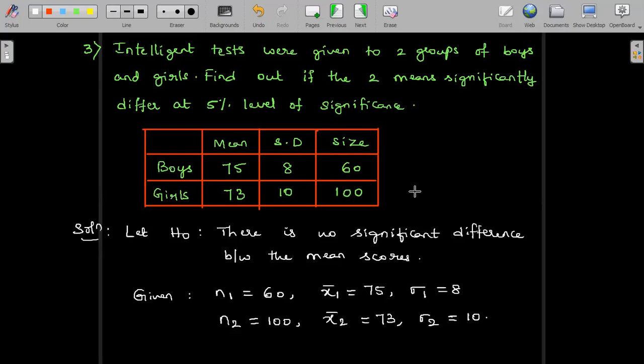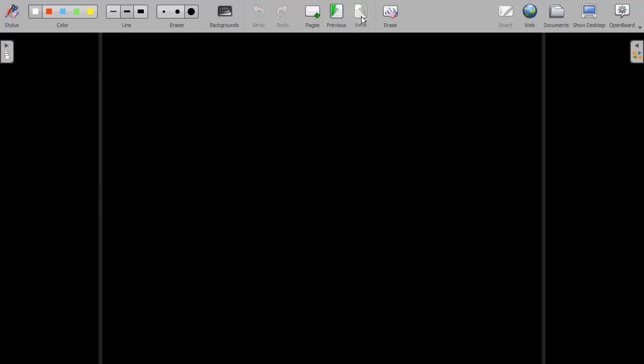With this data, now we will find out the Z value. Z is given by X1 bar minus X2 bar, the whole divided by the square root of sigma 1 square divided by N1 plus sigma 2 square divided by N2.